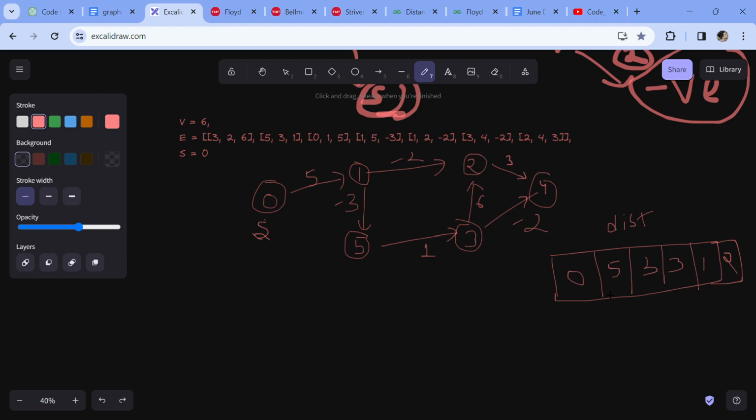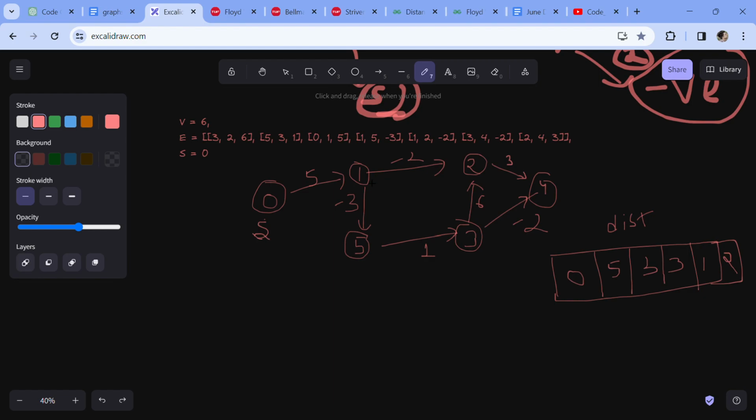So it is denoting all the minimum distances from the source node to all the vertices of the graph. From 0 to 0 the distance will be 0, and the size of this distance array will be the same as the number of vertices. So this has size 6.